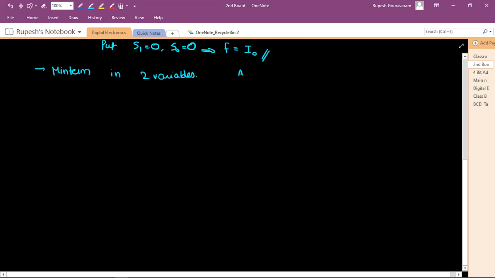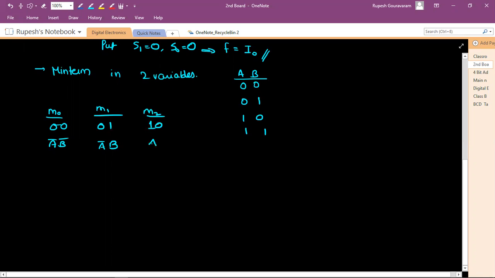If there are two variables A and B, what are the possibilities? 0 0, 0 1, 1 0, 1 1. Minterm M0 is represented as 0 0, that is A bar B bar. M1 is 0 1, that is A bar B. M2 is 1 0, that is A B bar, and M3 is 1 1, that is AB.